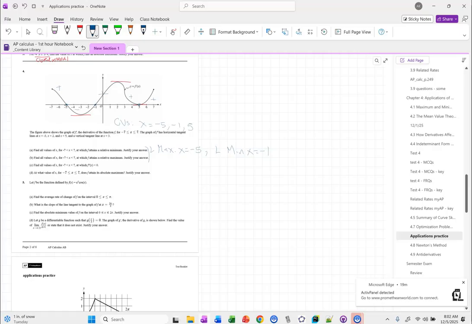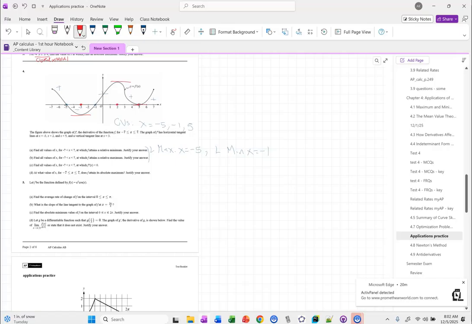Find all values of x on -7 to 7 in which the second derivative is negative. So my zeros for the second derivative are going to happen where I have these horizontal tangents.